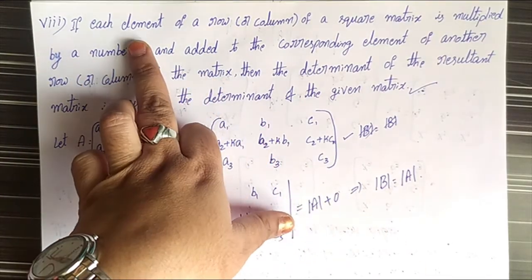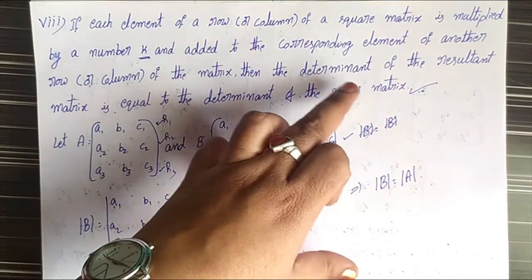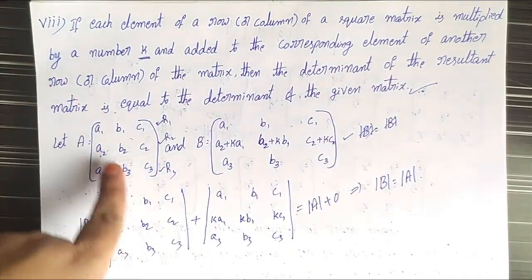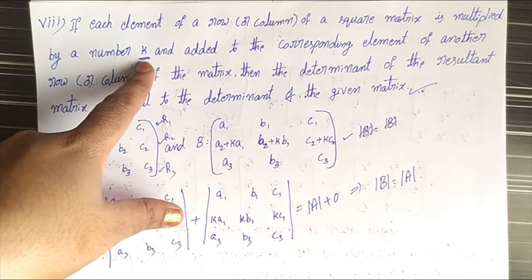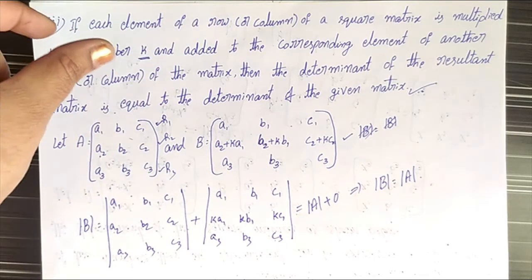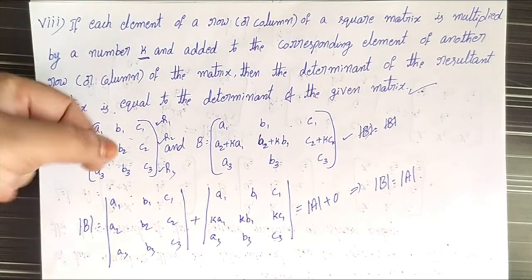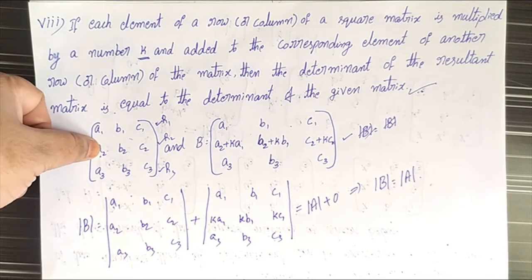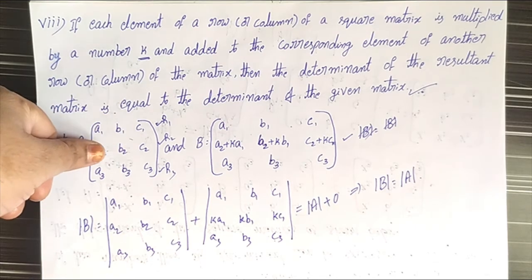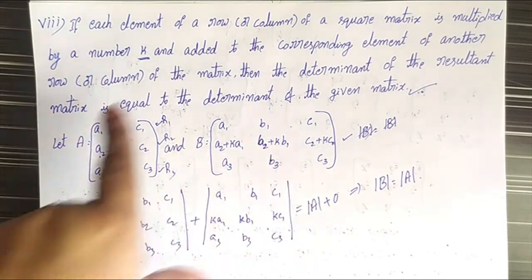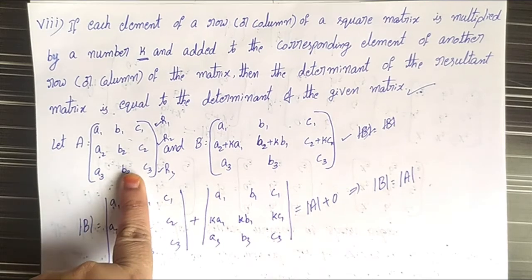If each row or each column of a square matrix is multiplied by a scalar number k, or any constant number k, and that multiplied number is added to the corresponding elements of another row or column of the matrix, then that matrix determinant value is equal to the original matrix determinant.